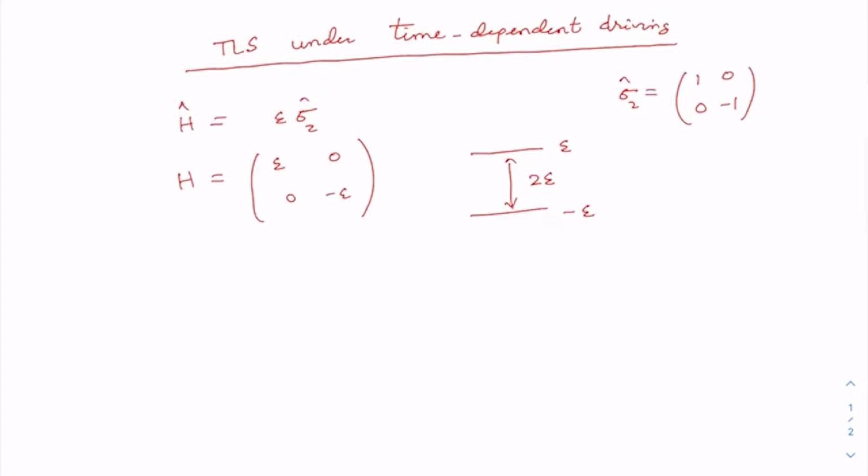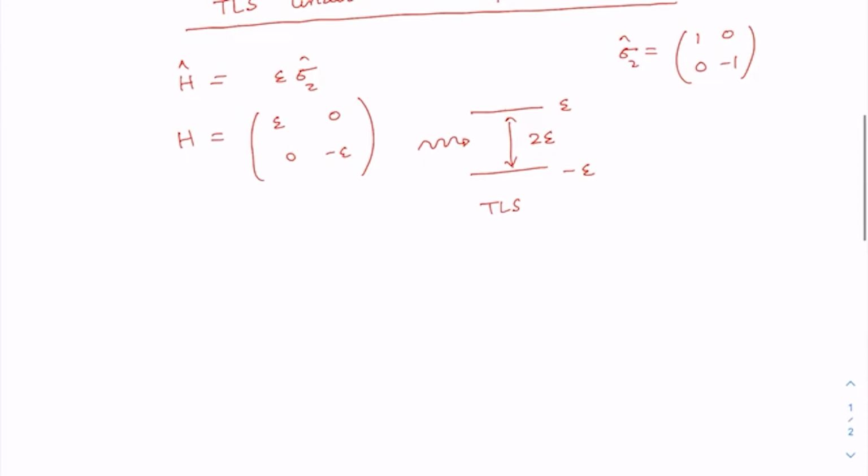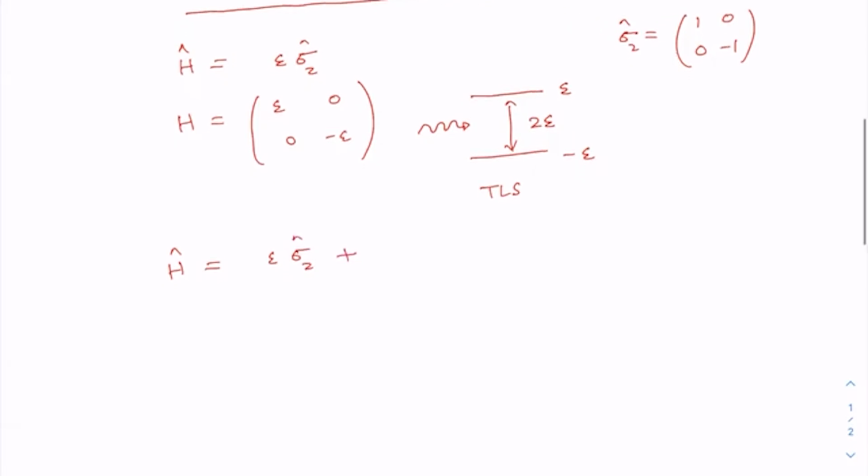Okay, now let us drive this two-level system externally. That means suppose we apply some kind of time-dependent pulse to this two-level system, then what happens in that case? In that case we can have it like this, sigma z plus a time-dependent driving.